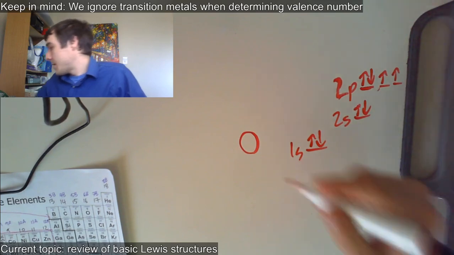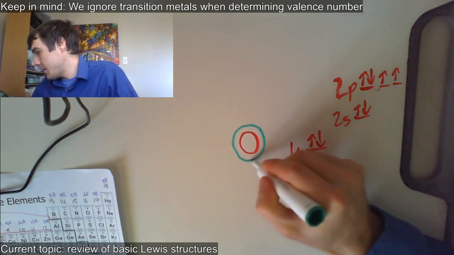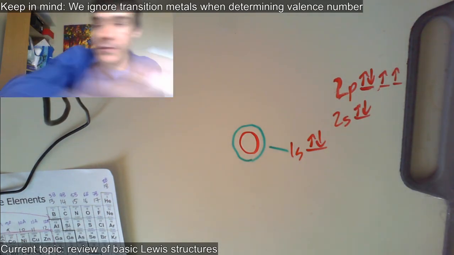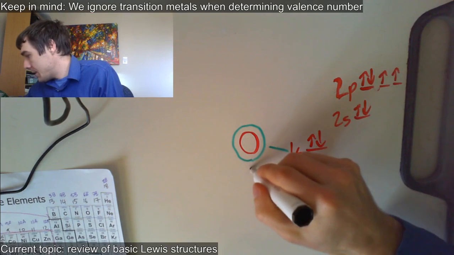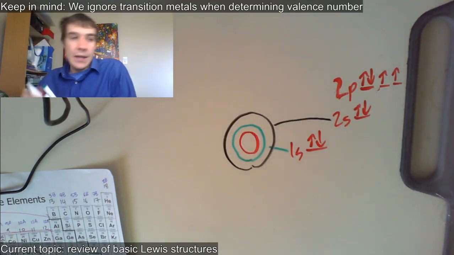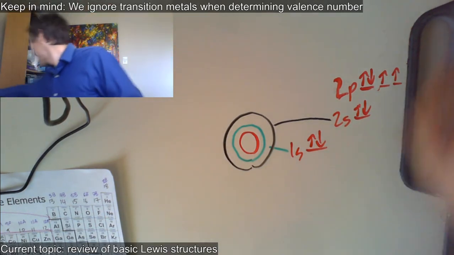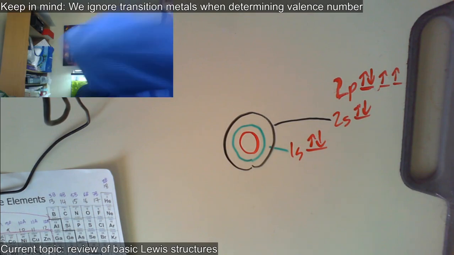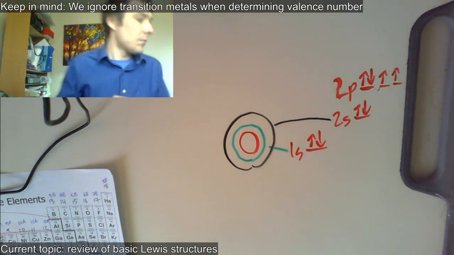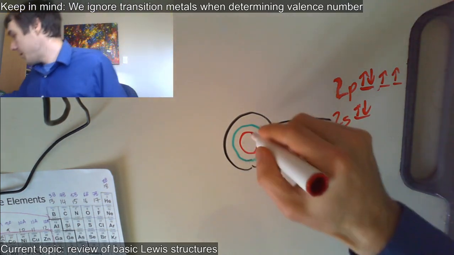That makes it look something like this. We've got the S shell, there's 1s. If I grab a different color, here's 2s, it's bigger. And then you'll have your p orbitals.